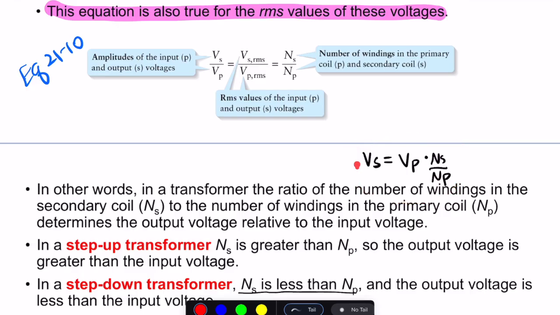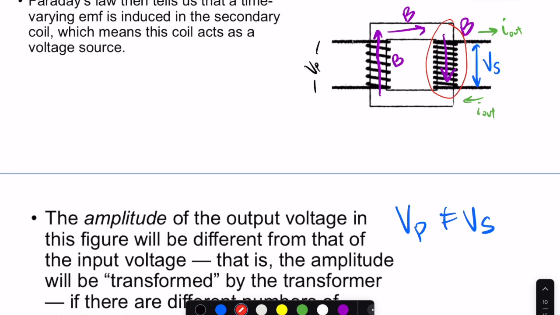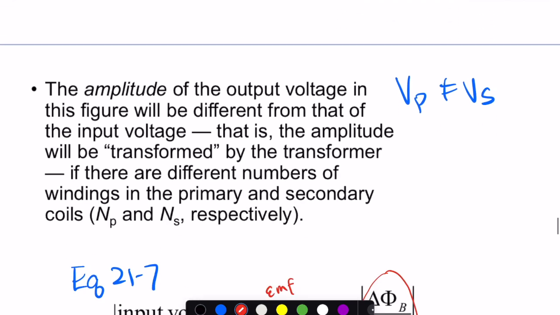In order for this value to be larger than VP, we need this number to be greater than 1, which means that the numerator is greater than the denominator, or NS is greater than NP. So we call that a step-up transformer. The number of coils on this side is greater than this side in a step-up.